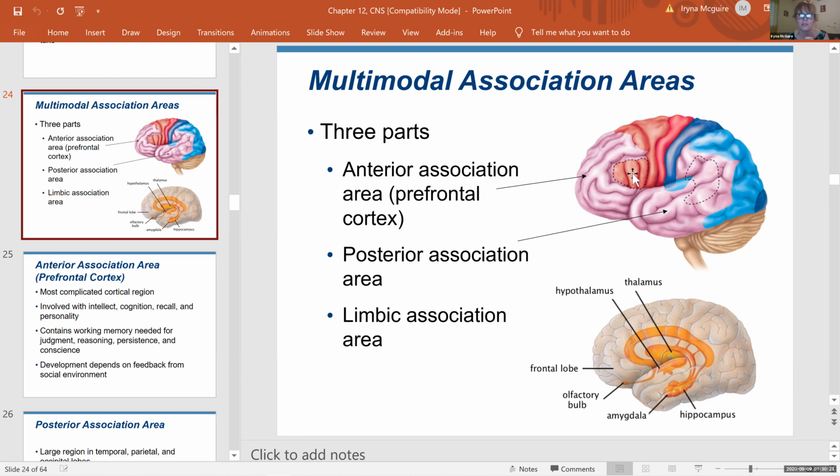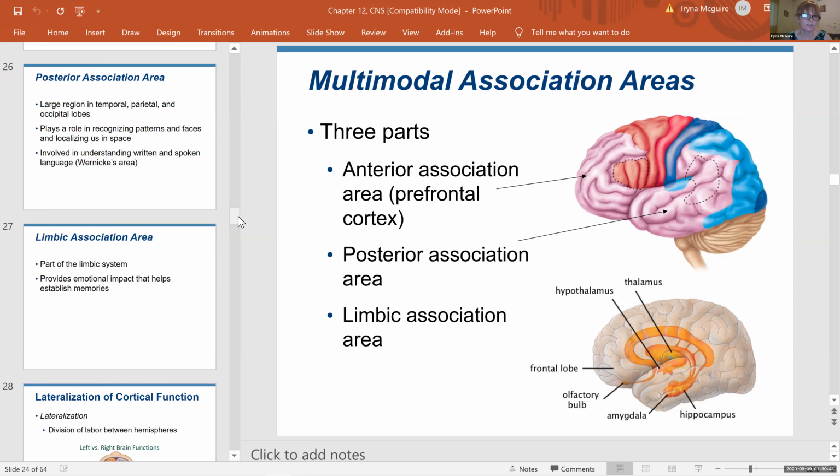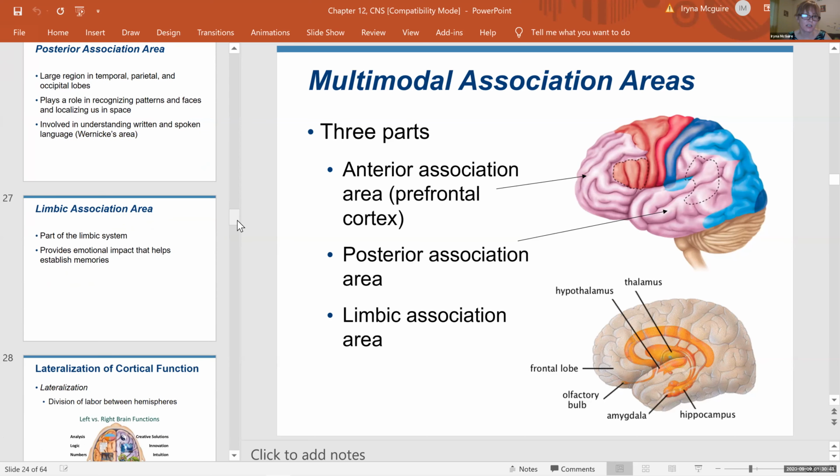With Broca's area, they would have problems talking themselves; they have a hard time talking. If Wernicke's area is damaged, they have problems understanding what somebody else tells them. So that's our posterior association area.